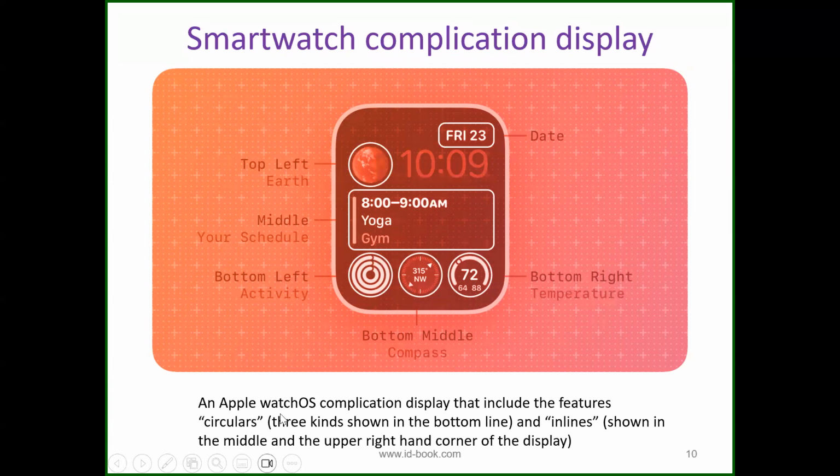So this is an example of an Apple Watch OS complication display that includes features such as three circles shown in the bottom line, and the upper left corner and the upper right corner display the date and other things.